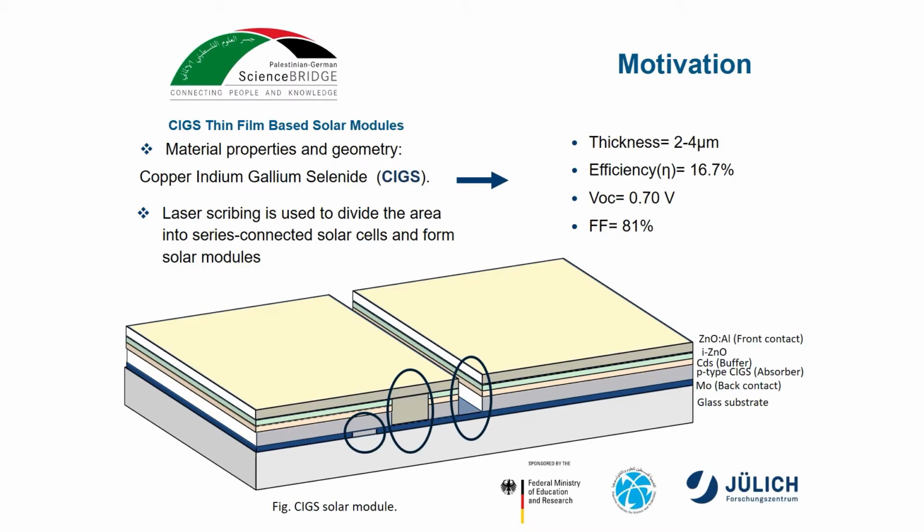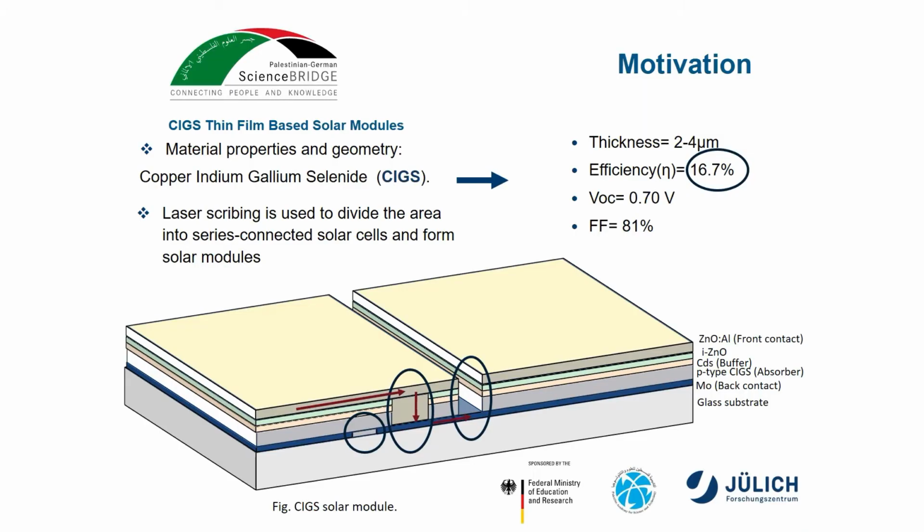After that, laser scribing can be used to divide the large area into series-connected solar cells, and by that we can form a solar module. A CIGS solar module has a record efficiency of 16.7% for now.